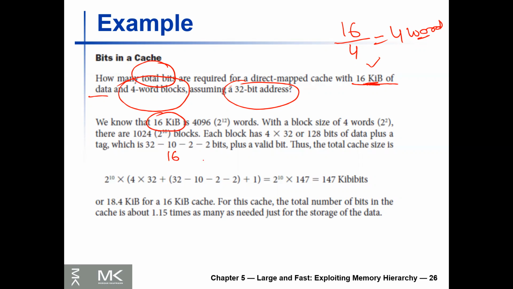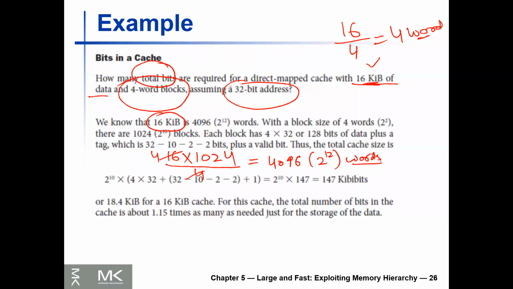How can we write this in terms of words? 16 multiplied by 1024, right? And then we convert into words, divided by 4. When we calculate, what we will get is 4096, which is basically 2 to the power 12 words. This many words will be there.